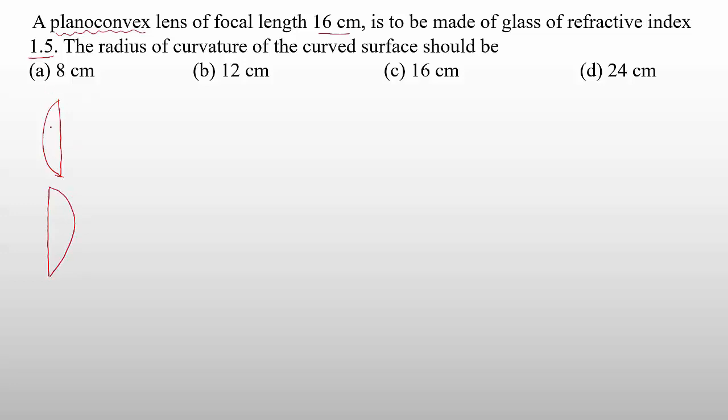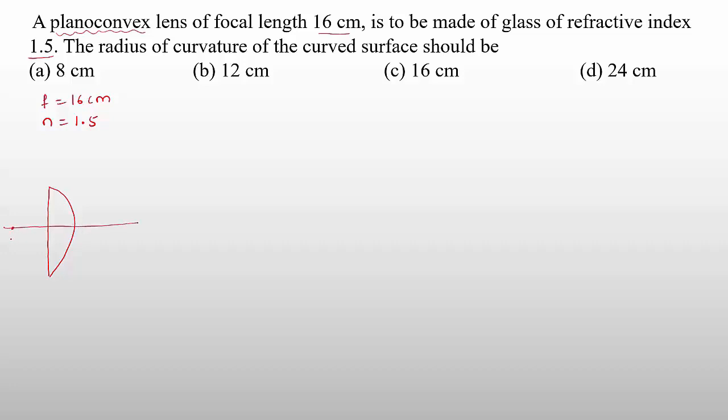Now here, first concentrate on the givens. Here focal length is given, that is f equal to 16 centimeter. Then refractive index of the lens is given, n equal to 1.5. The radius of curvature of the curved surface is what we have to calculate. This is the principal axis.